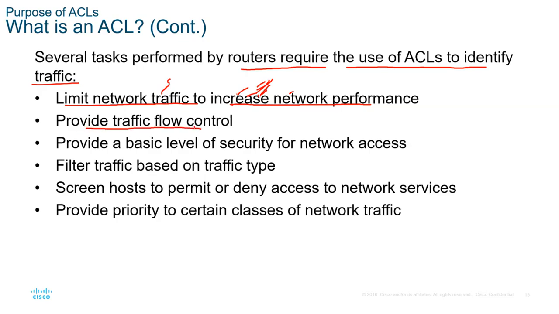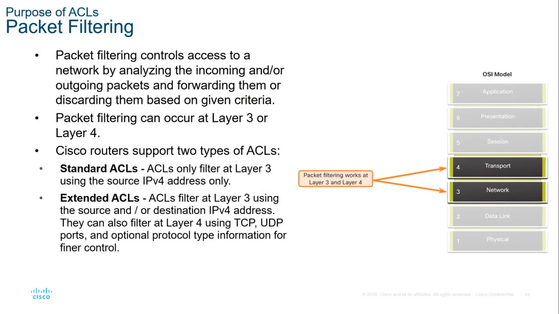It provides traffic control: which traffic should go through and which should not be allowed. It provides a basic level of security for the network, filters traffic based on traffic type, and screens hosts to permit or deny access to the network services that are allowed. Lastly, it provides priority: which traffic should be given the first priority.